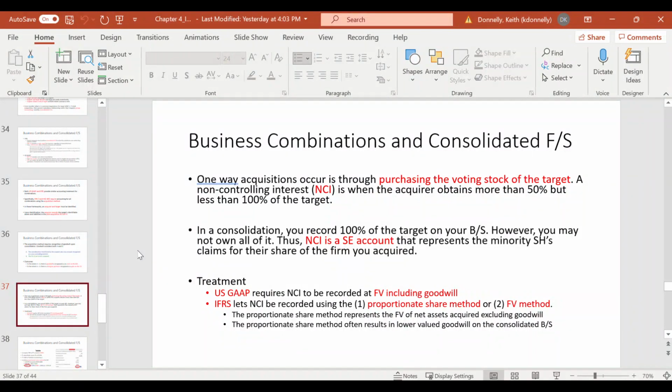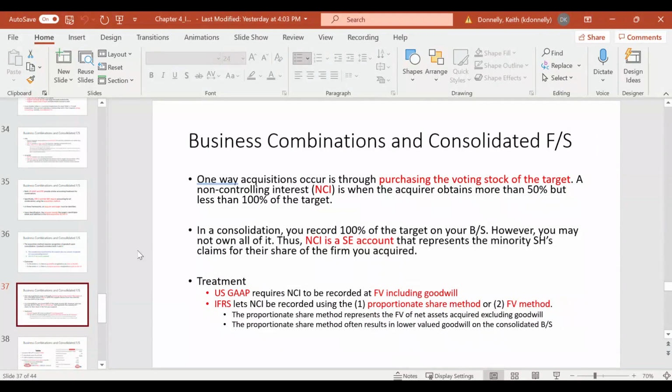So say you buy 80% of the target stock. Then what you're going to have is an NCI, a non-controlling interest, as a stockholder equity account that's going to represent the minority shareholders' claims, so for that 20%. Now, treatment and calculation of this is going to be a little bit different between US GAAP and IFRS.